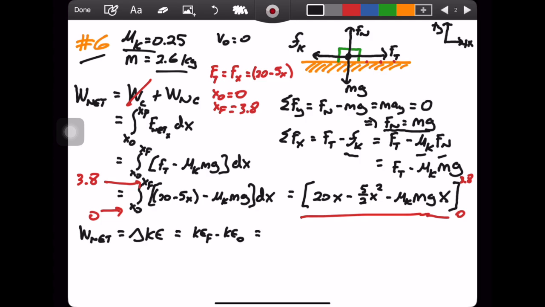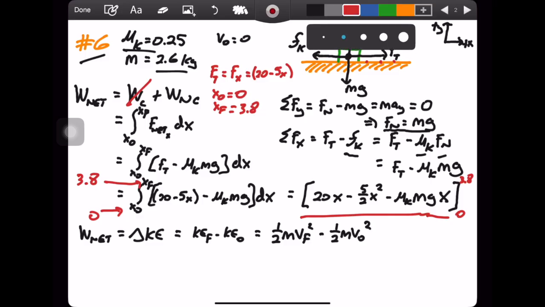That's equal to 1/2 m v final squared, the final velocity of the block after it's been pulled to x equals 3.8 meters, minus 1/2 m v initial squared, the initial velocity of the block. And remember, the block was initially at rest. That's why we say v naught equals 0. And so that means this term vanishes.